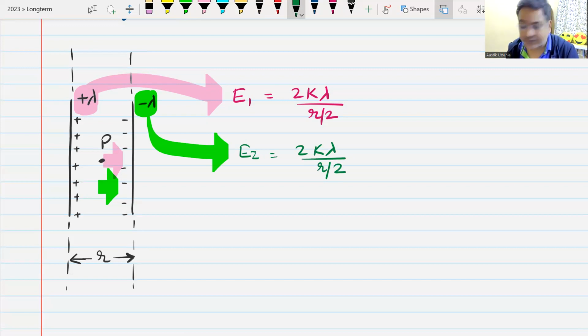Both of the fields are in the same direction. They are going to get added up. So the net electric field in between these two will become how much? 8k lambda by r. That is the answer that we're looking at.